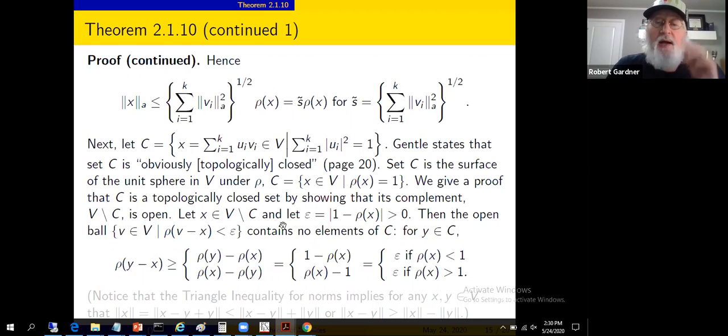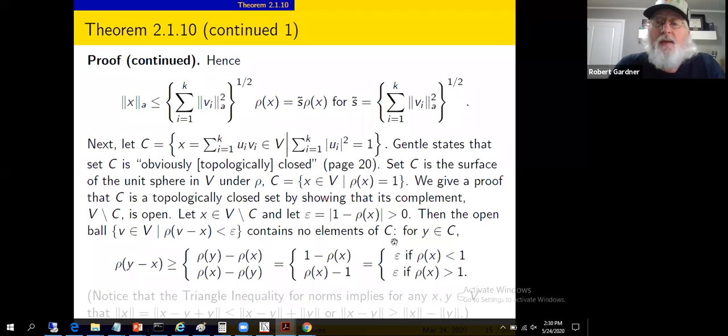All right, we're going to find an epsilon. Let's take epsilon equals the absolute value of 1 minus rho of x, rho of x being the basis norm of this new vector x.